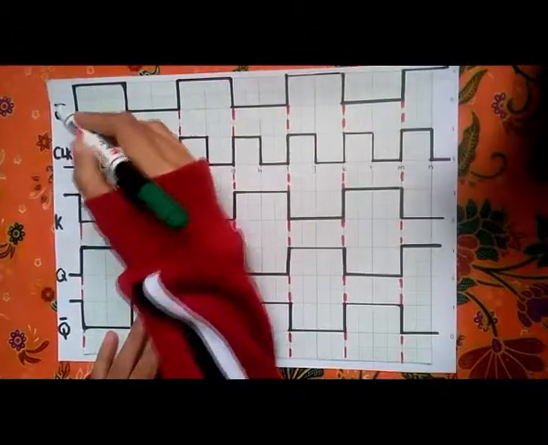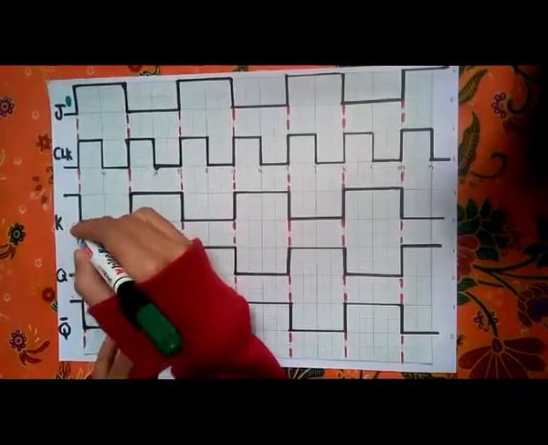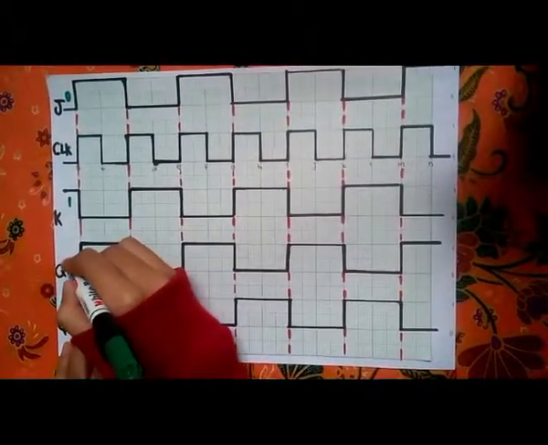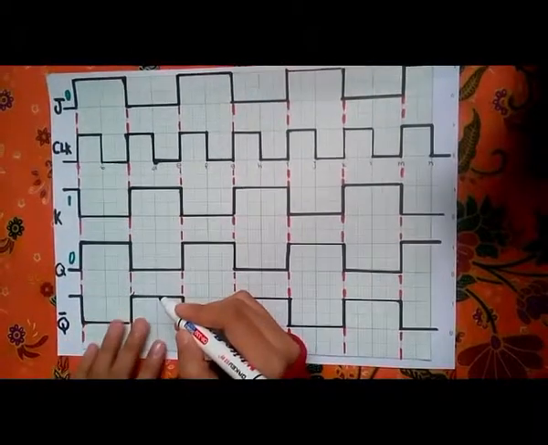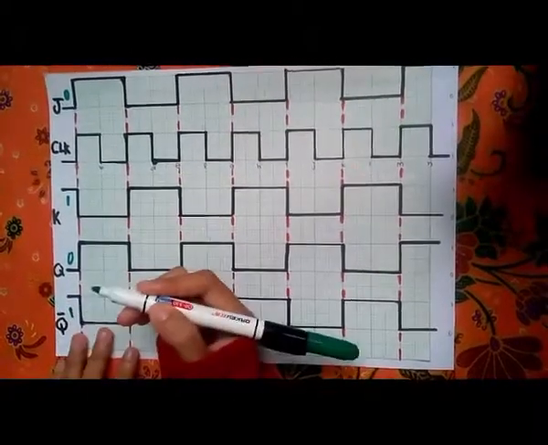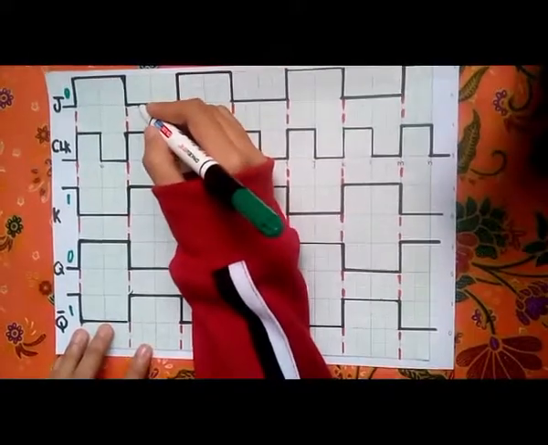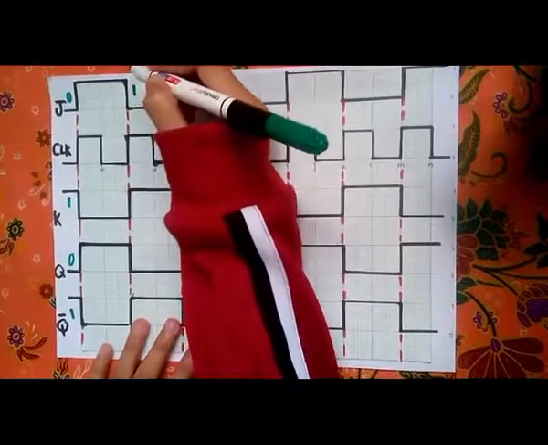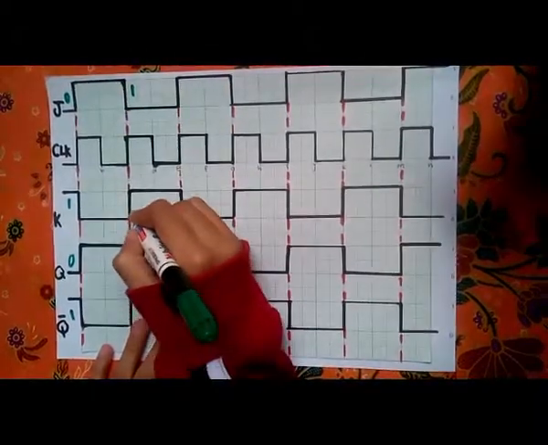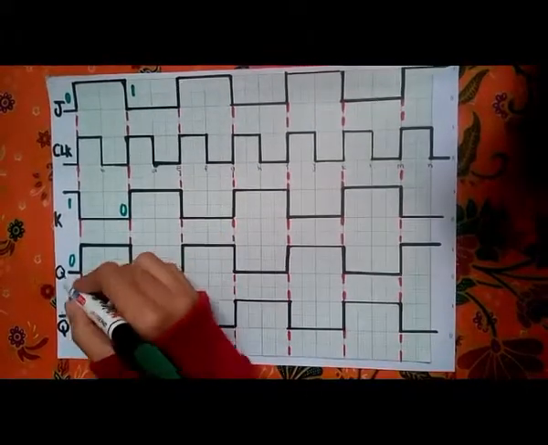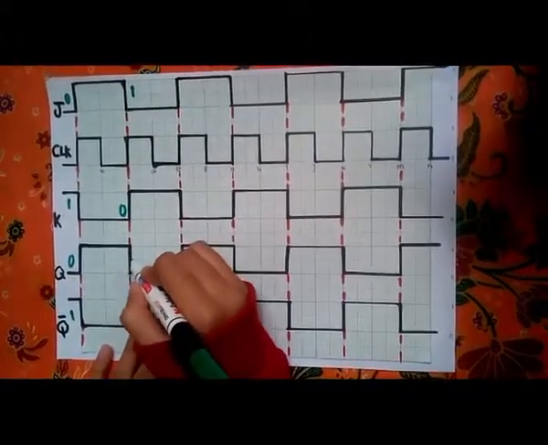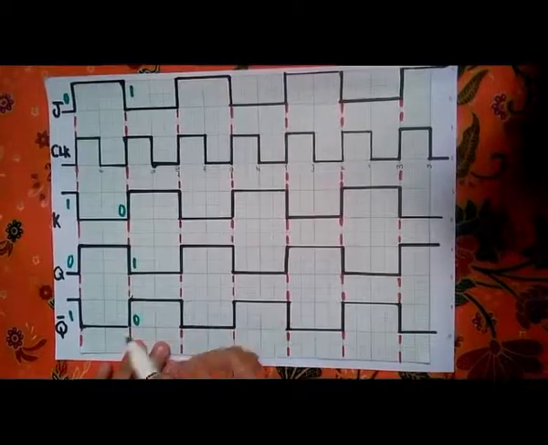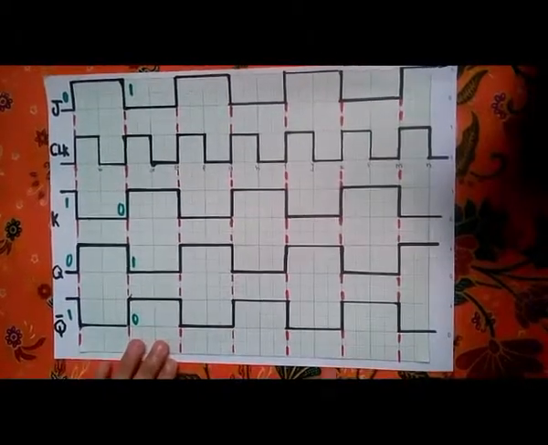Since the J input is 0 and K input is 1, it will produce Q output 0, and Q bar is 1. And then the J input is 1 and K input is 0, so it will get Q output 1 and Q bar is 0. And then the step will continue.